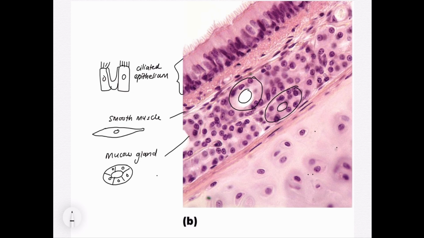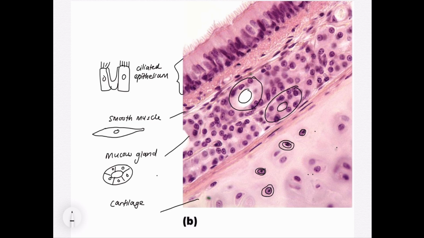And the layer below here will be the cartilage. So how can you tell if this is a cartilage? You will be able to see cells that are surrounded by a transparent liquid. So this purple colored one will be the cell, and each cell is surrounded by a transparent liquid. They actually have a name for it.